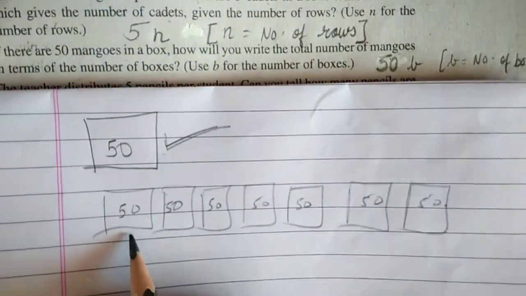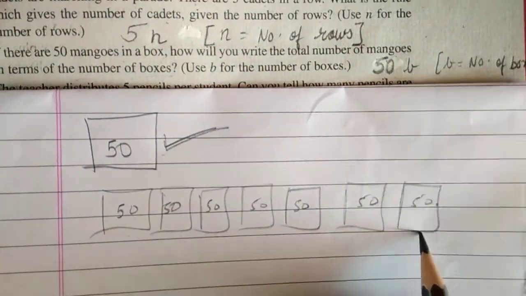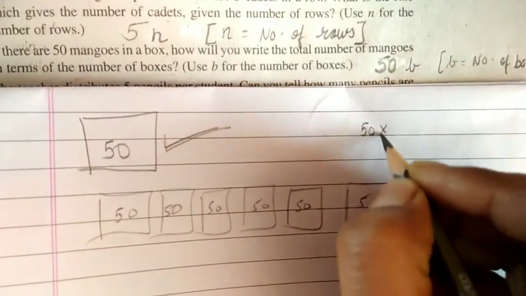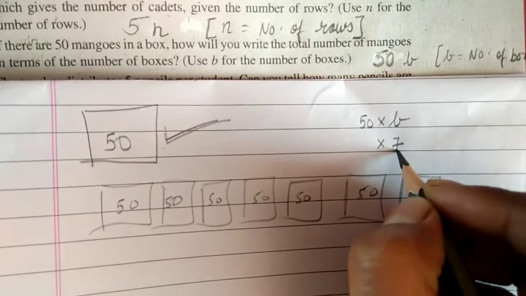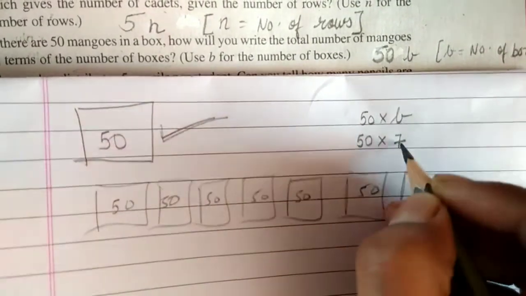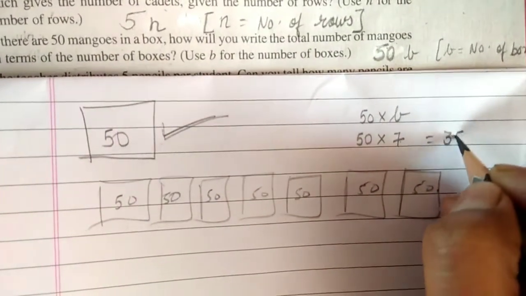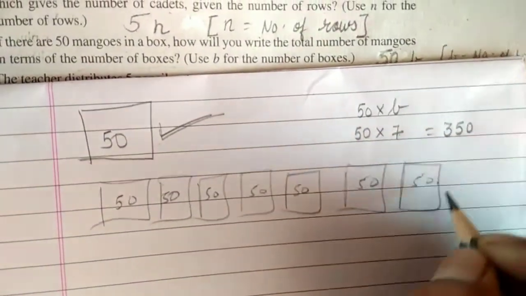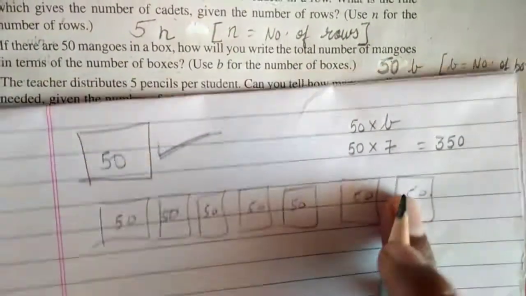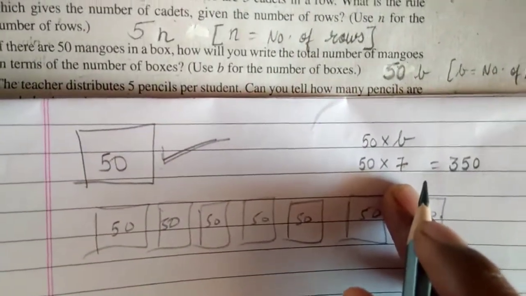If we are counting 1, 2, 3, 4, 5, 6, 7, so 50 into B is the rule. In the place of B we will put 7, and how many mangoes are there in the 7 boxes? 350 mangoes in the 7 boxes, that was found by the rule.